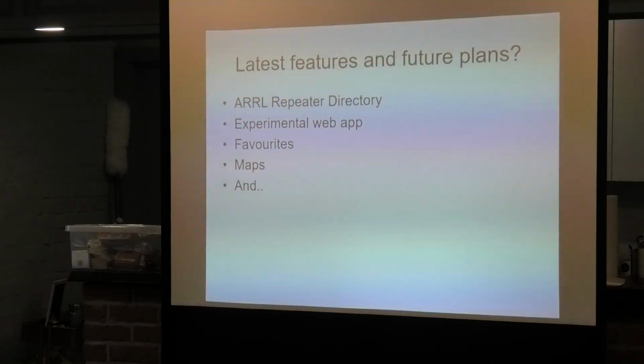Okay, latest features and future plans. ARRL repeater directory. Mentioned that already. That is the support we have from the ARRL to promote RepeaterBook and to use the RepeaterBook data for their printed directory. We're hoping to do more with them in the future.